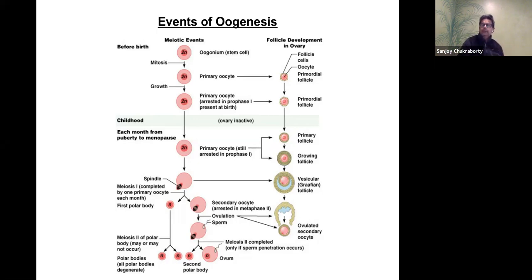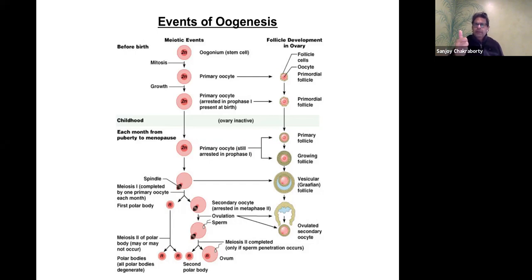On the other hand, what is happening to the egg? Now remember, the egg is at prophase 1 stage. Remember, the girl child is born with eggs which are arrested at prophase 1 stage. When FSH comes in at the beginning of each cycle, starting at puberty, meiosis begins again.